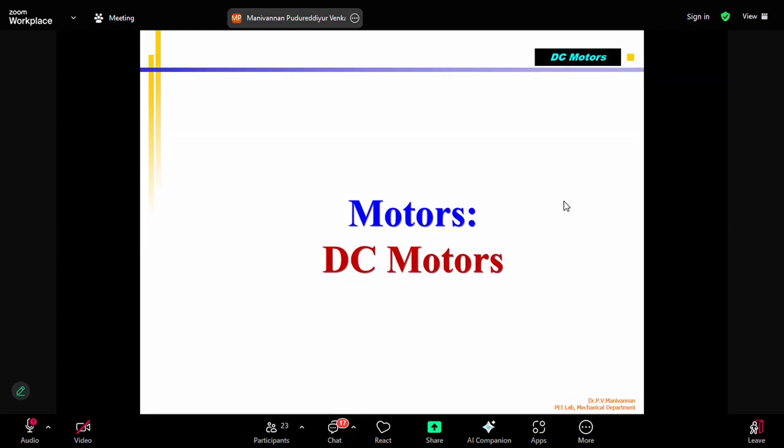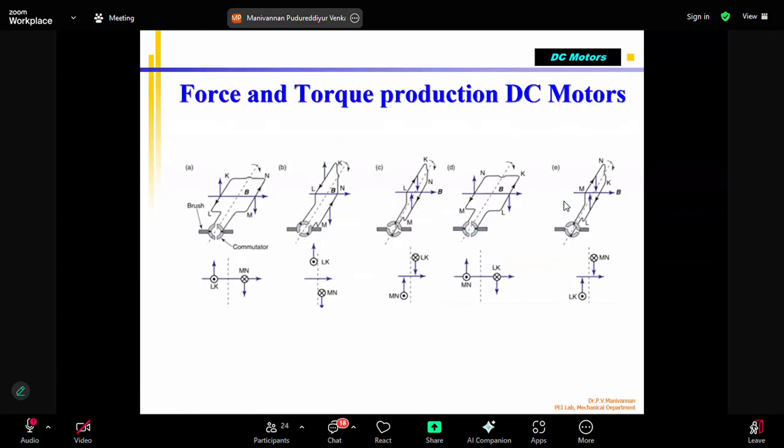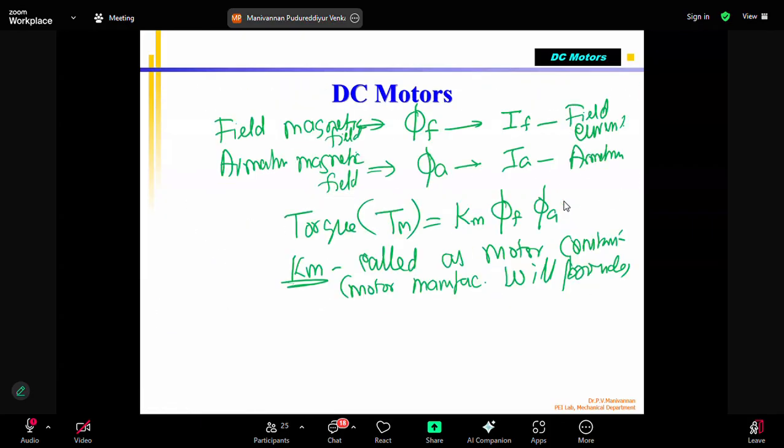Yes, sir. Okay, fine. Yesterday we were talking about the DC motor. We started with the shunt motor first and how it works. And then I told you that the torque produced in the shunt motor is proportional to the magnetic flux density of the field coil and also the armature coil multiplied by a motor constant.